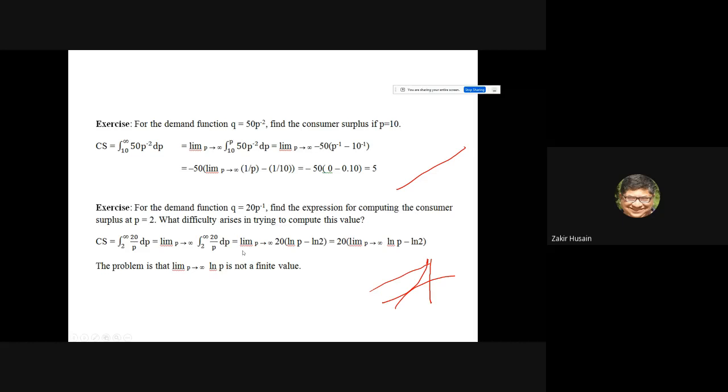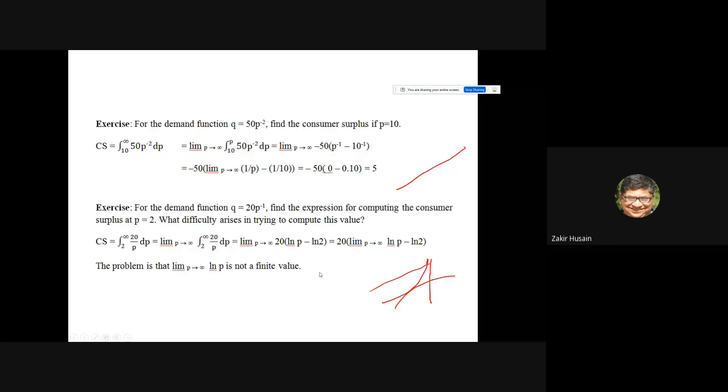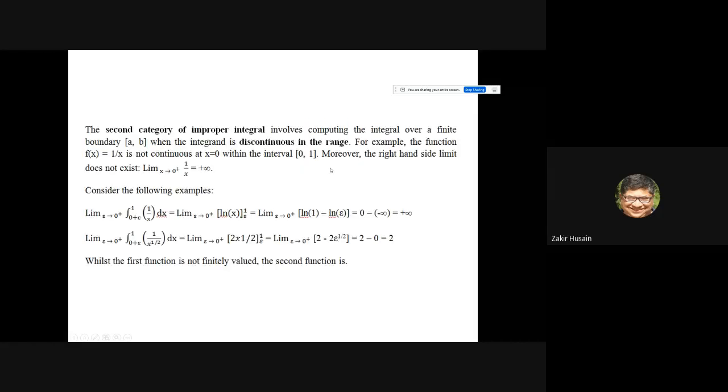So in this case, as I told you, this limit must exist. But here the limit does not exist, and so we cannot find the consumer surplus in this case. In the other case, however, we do have a limit for this part, and therefore this limit is 0, which we are using.